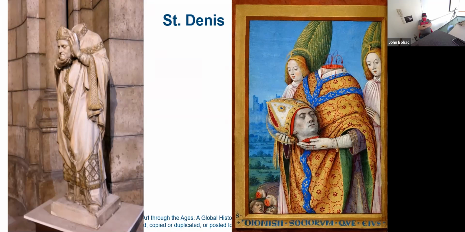Absolutely not normal. We talk a lot about why these things are depicted like they are, but Saint Denis was there in the 3rd, 4th century, and this is like 700, 800 years later.